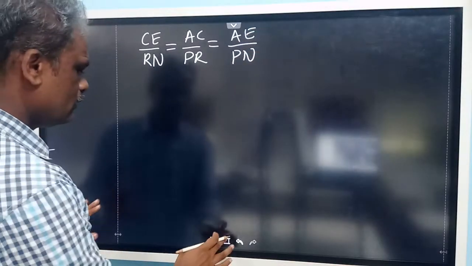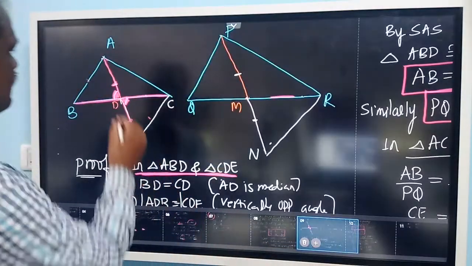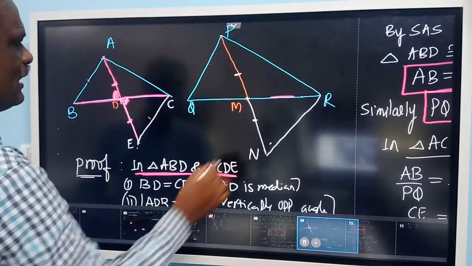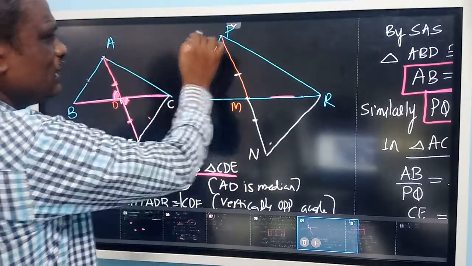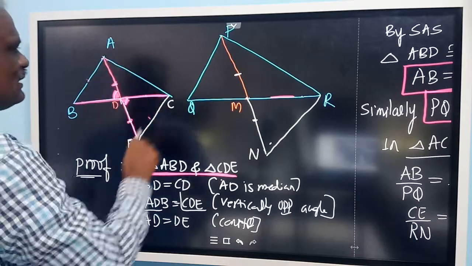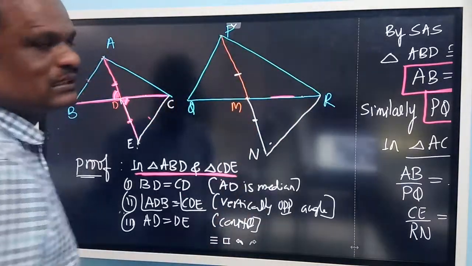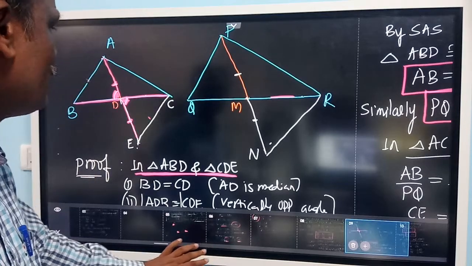Now look at the diagram. We proved that AE by PN is equal to CE by NR is equal to AC by PR. So in these two triangles, we have proved that all three sides are proportional.